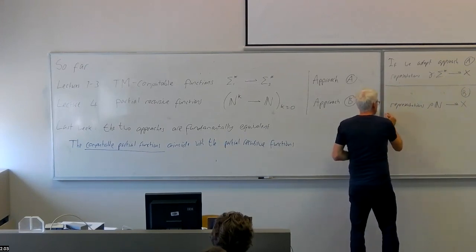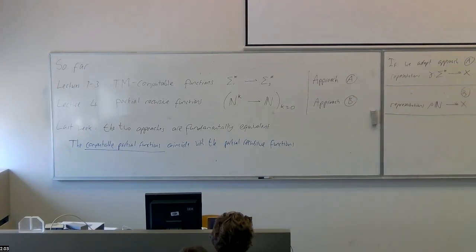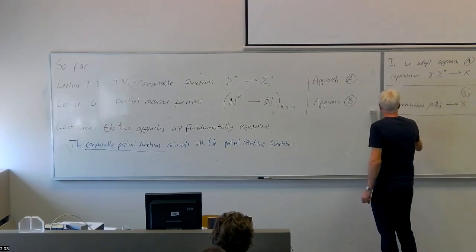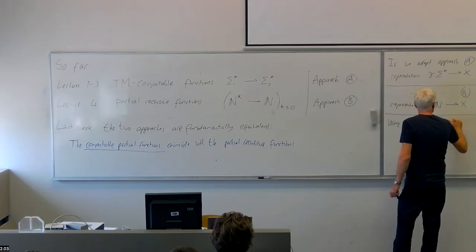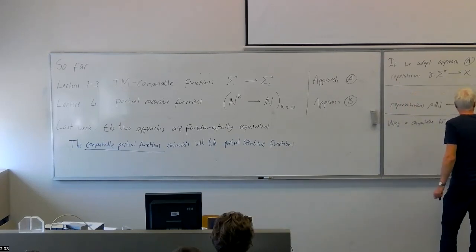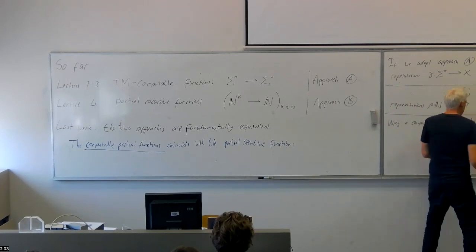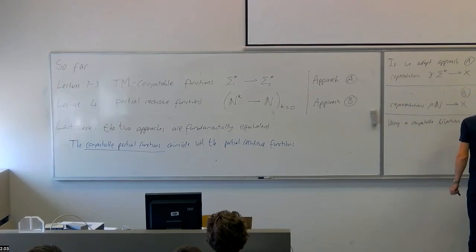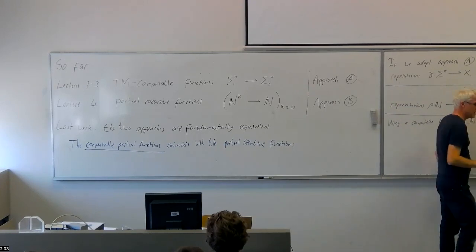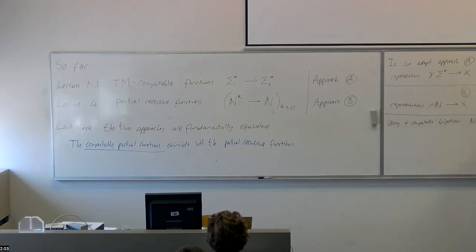Using a computable bijection, an isomorphism if you like, between the natural numbers and the set of words over a finite alphabet, one can easily change a B representation into an A representation and vice versa.